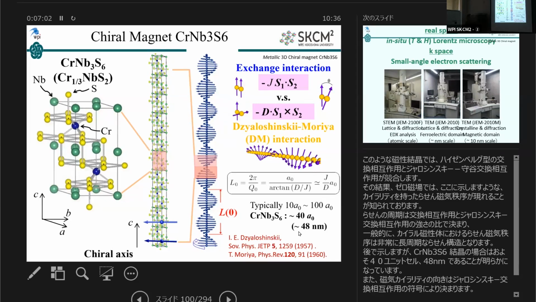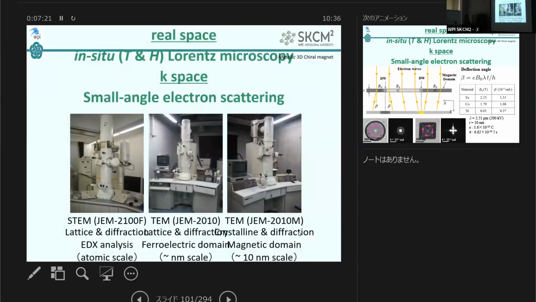We can find the pitch later by Lorentz STEM, but we already know the pitch in the ground state is 480 angstrom. It's a very long pitch compared with the crystal itself. But this is a metallic chiral magnet, so we can use Lorentz STEM.